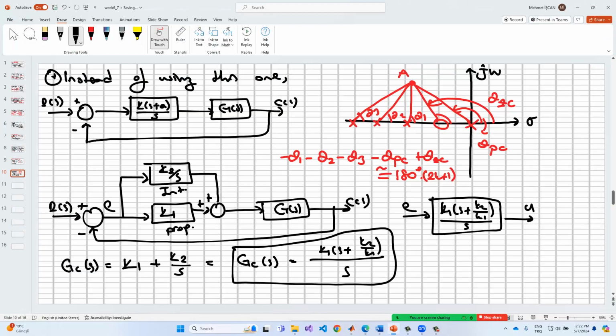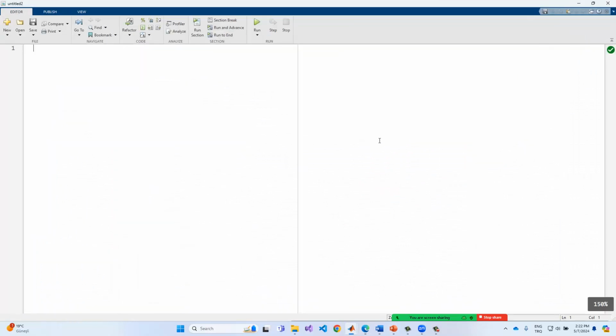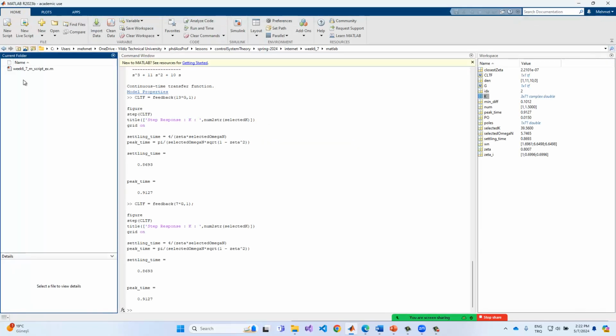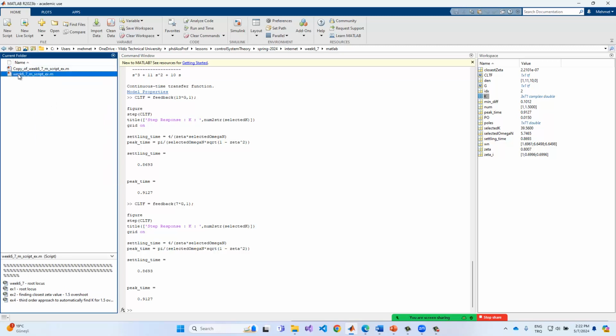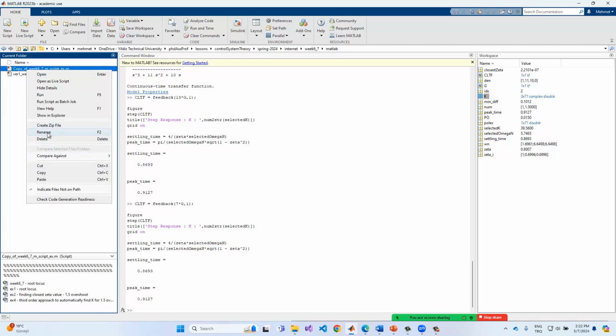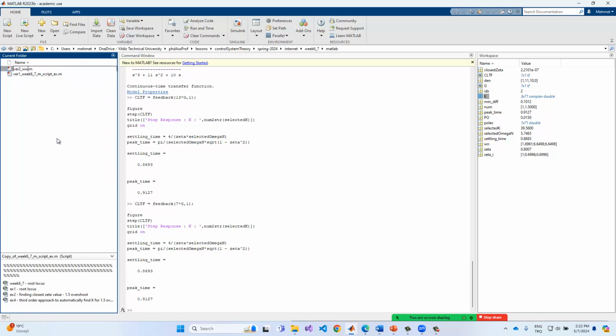So these are the MATLAB examples, or you can copy these things. This is the ver1 example. This is the ver2, week 6, 7, and PI.